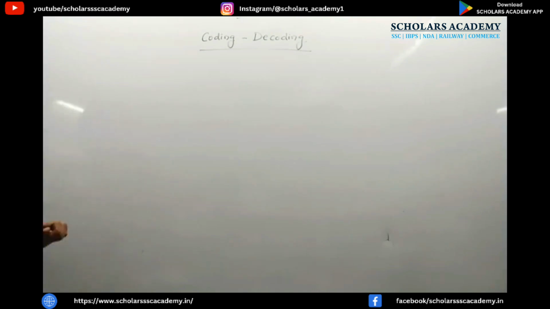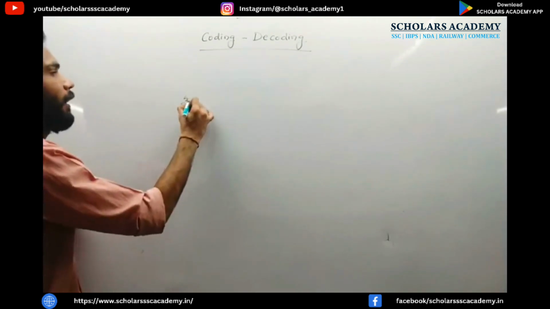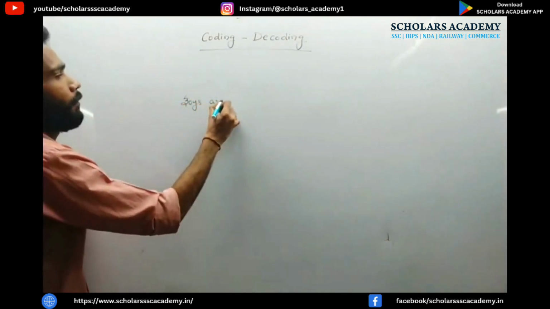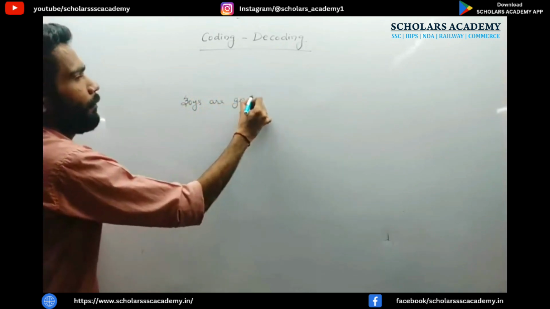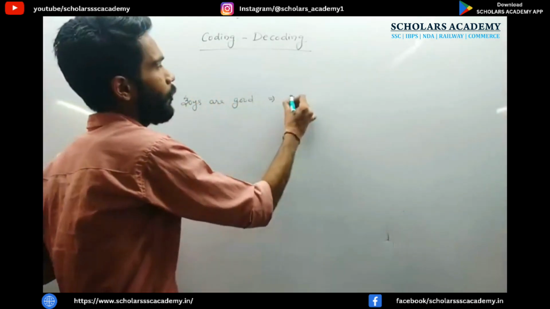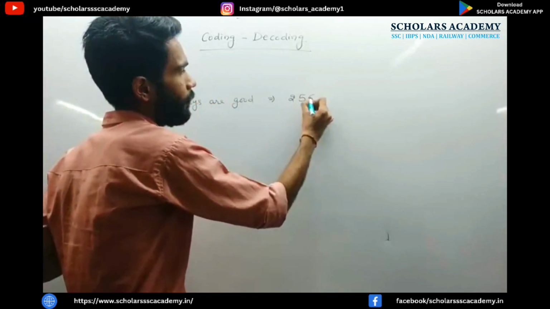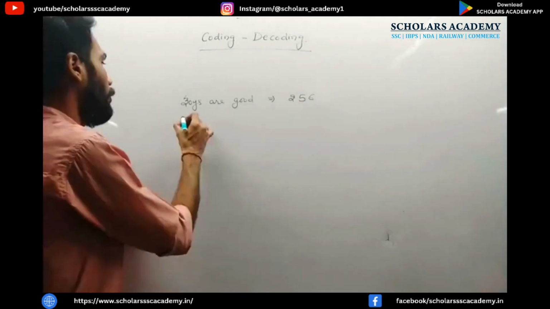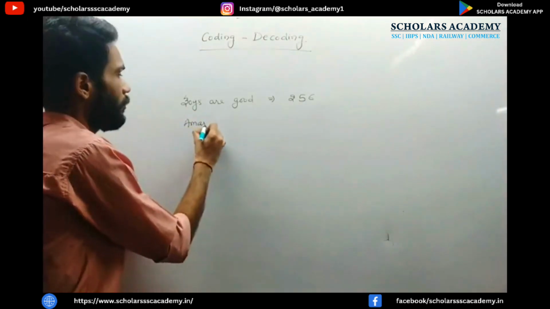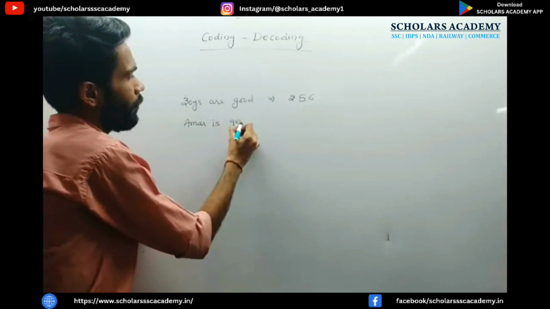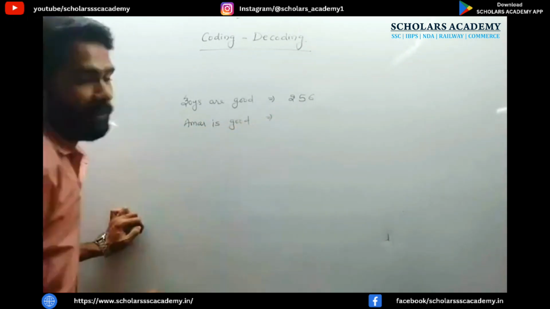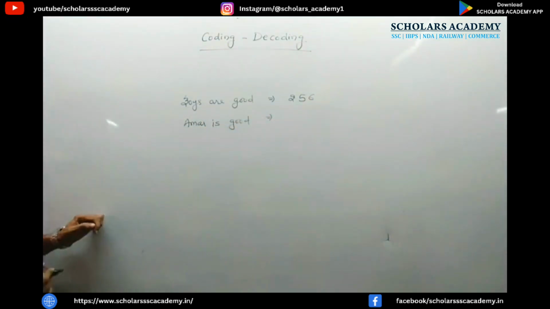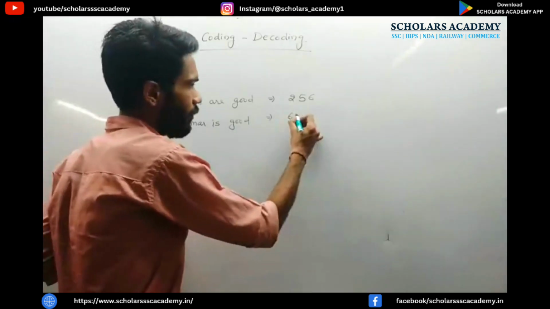Then they have given you one more example. Boys are good is written as 256. Amar is good is written as 637.